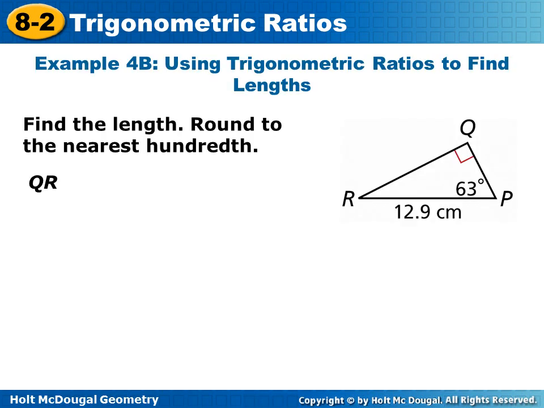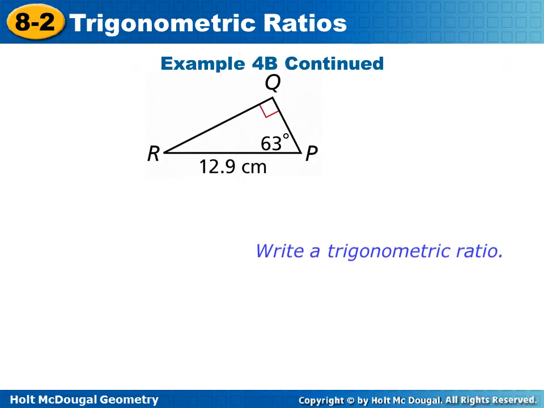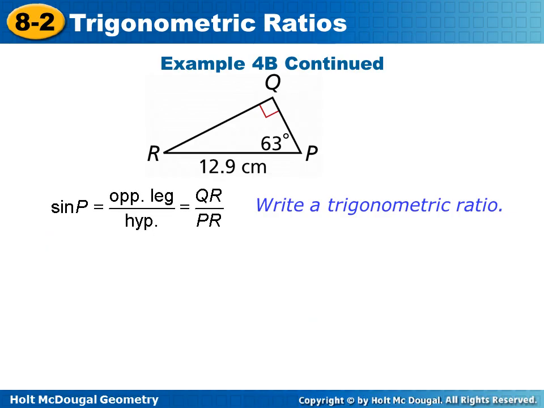Let's try finding the length of QR in this example. We have an angle 63 degrees and the hypotenuse of our triangle is 12.9. We're trying to find the opposite side. So since we have opposite and hypotenuse, we use a sine ratio. The sine of P is equal to opposite over hypotenuse.